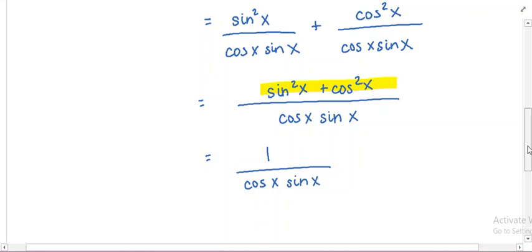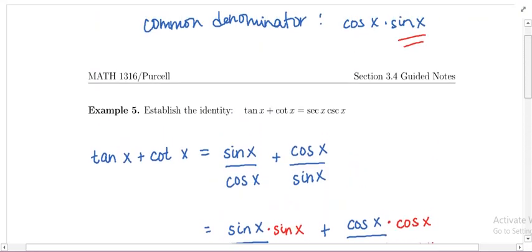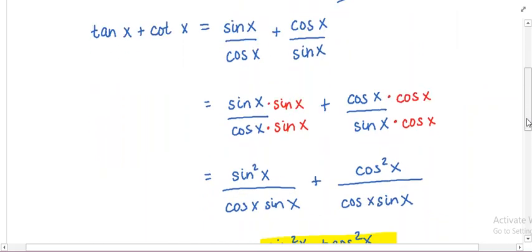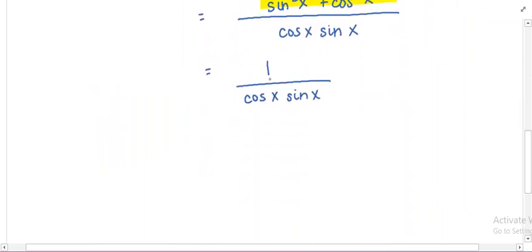Now, remember, you have to glance back from time to time to see what your end goal is. Okay, we're trying to end up with secant of x times the cosecant of x. Okay, so we're almost there. Okay, we are now at this juncture where we have this fraction 1 over the cosine of x times the sine of x. Okay, you can break this up. This is the same thing as 1 over the cosine of x times 1 over the sine of x.